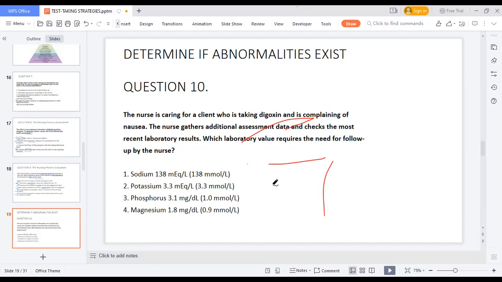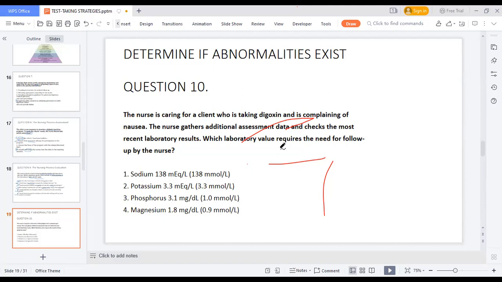So let's practice this question using the technique of identifying if abnormalities exist. The nurse is caring for a client who is taking digoxin and is complaining of nausea. The nurse gathers additional assessment data and checks the most recent lab result. Which laboratory value requires the need for follow-up by the nurse? Yes, need for follow-up. This is a negative event query.